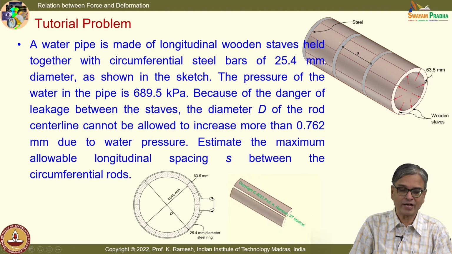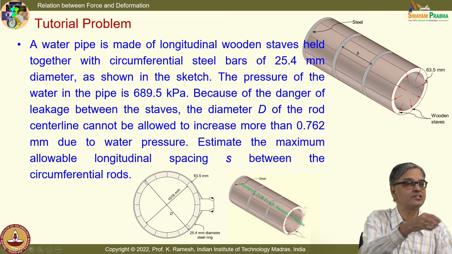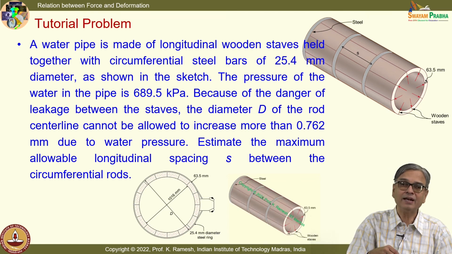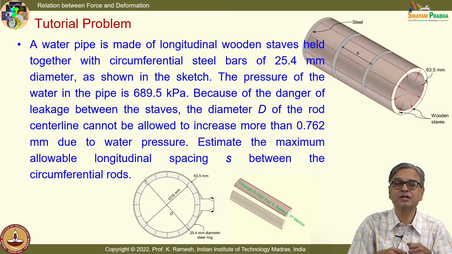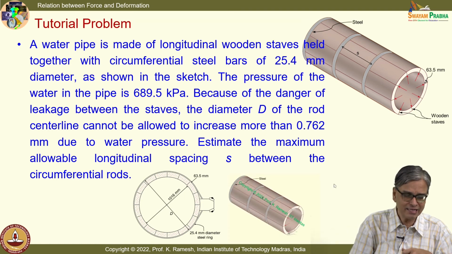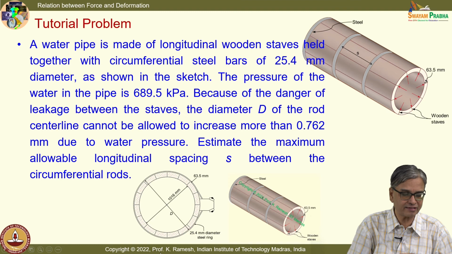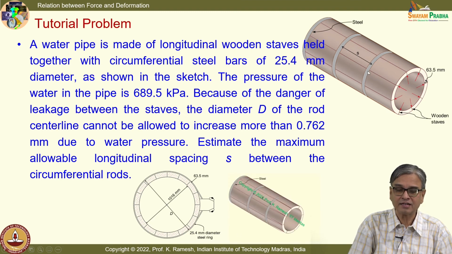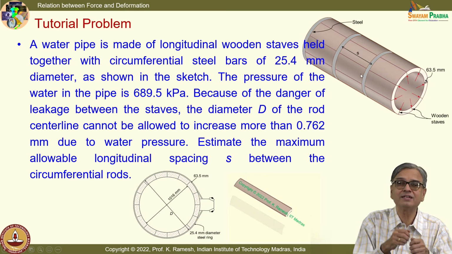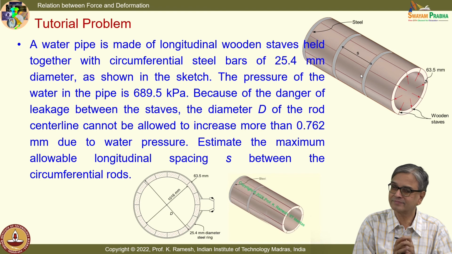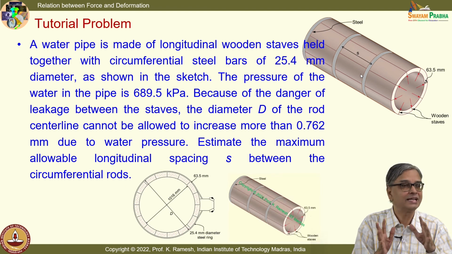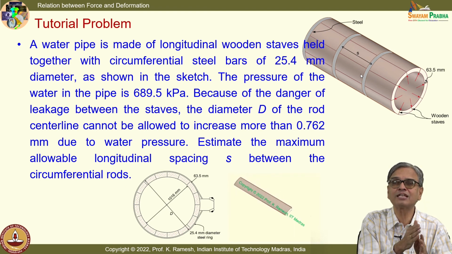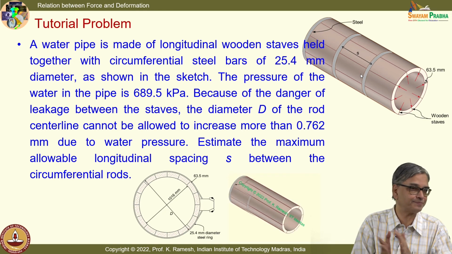So, I have individual wooden strips, and what is done is, you tie them with a steel ring like this. The question is, what should be the distance between two successive steel rings, which is essential for me to transport the liquid without any leakage.